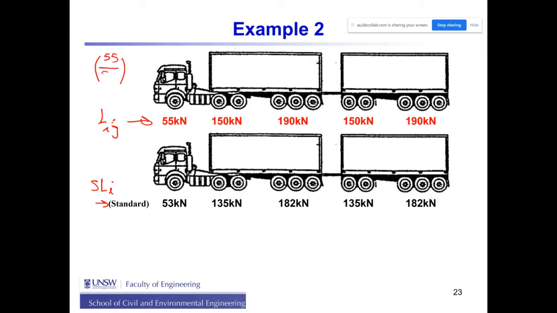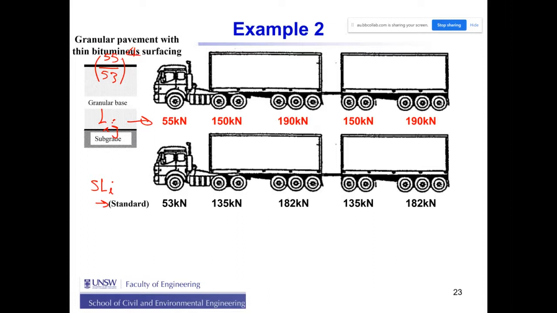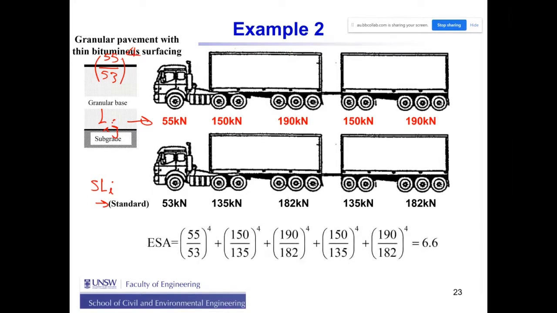So it is 55 divided by 53, to the power 4. In order to calculate the design traffic, you need to use this empirical equation, 55 over 53 to the power 4, plus the second one, third one, and fifth one. So eventually, the equivalent standard axle becomes 6.6.